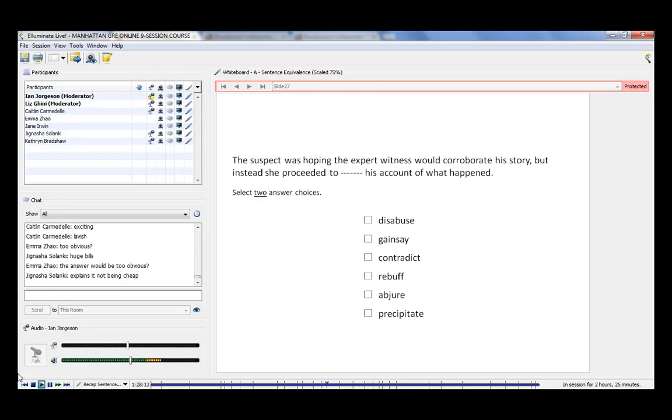Okay, so you liked contradict for sure, and then abjure was the one that you guessed. Okay, good, good. I like the thought process there. What clue was in the sentence? Before we even talk about contradict, how did you get to contradict, Caitlin?